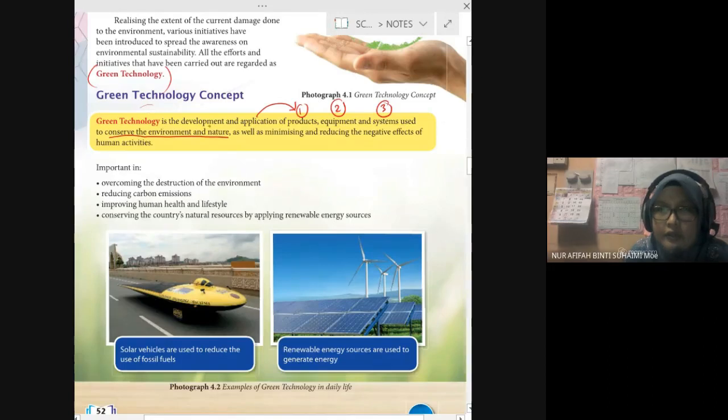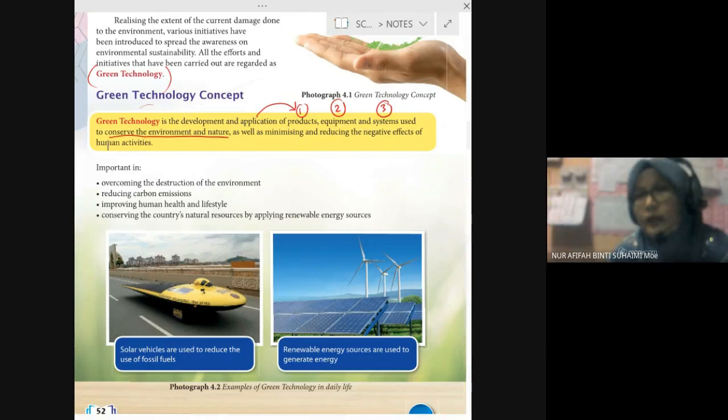It is the development, pembangunan, perkembangan, development in the products, in the equipment, in the system. What are systems that we use to sustain our environment? In order to conserve the environment, to take care of our environment and nature, and also to reduce the negative effects, such as pollution from human activities.